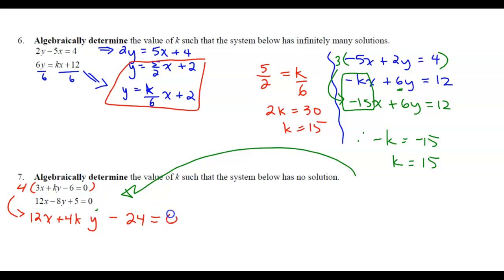And 12x minus 8y plus 5 equals 0. And now we know that negative 4k has to equal negative 8. We didn't have to solve for y. It saved a lot of time. So k is negative 2.